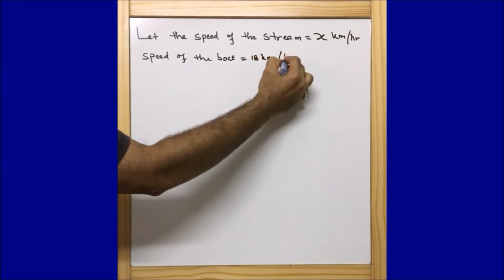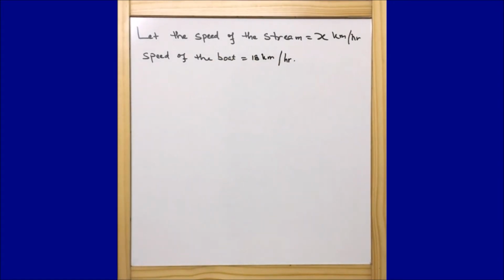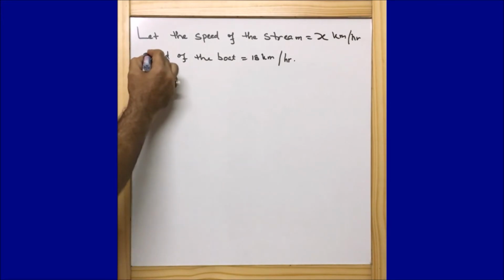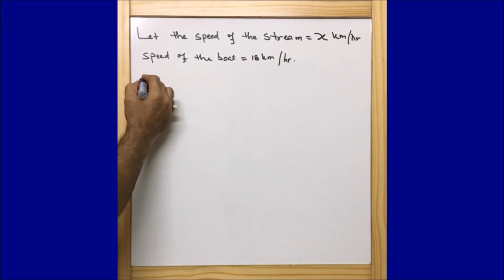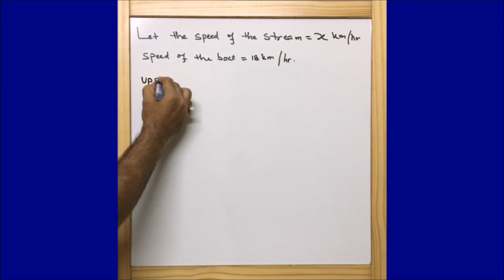Now guys, what I told you, because the boat is going to a particular spot and it is again returning from that spot to the original location. So let's say the boat is moving upstream.